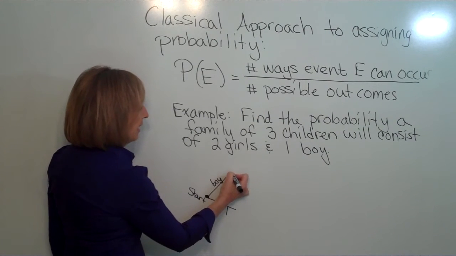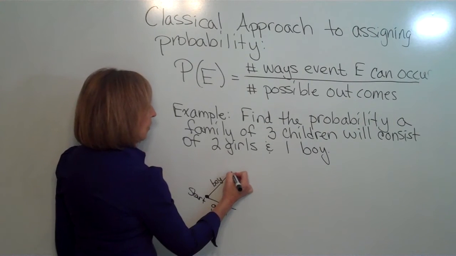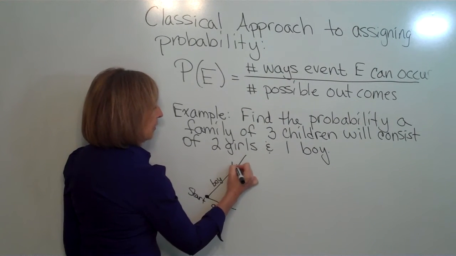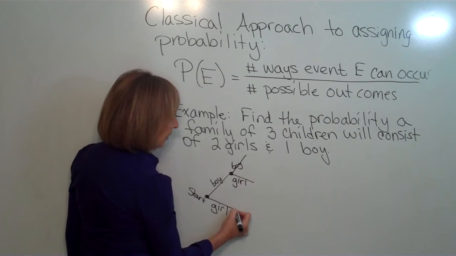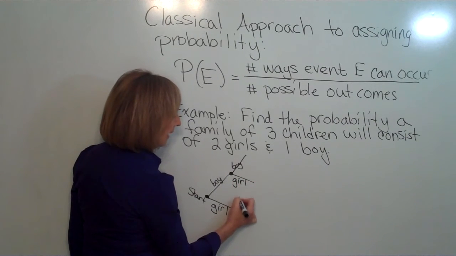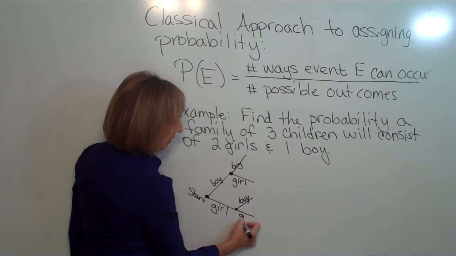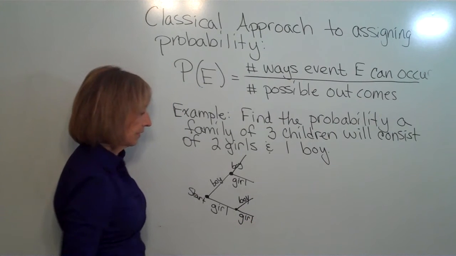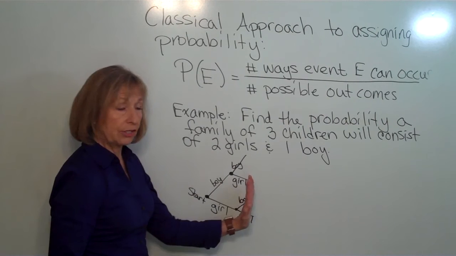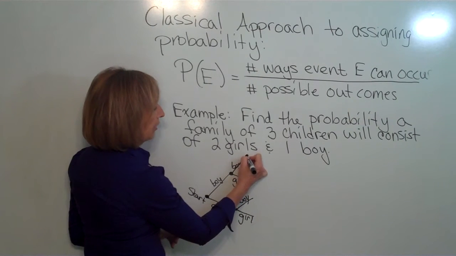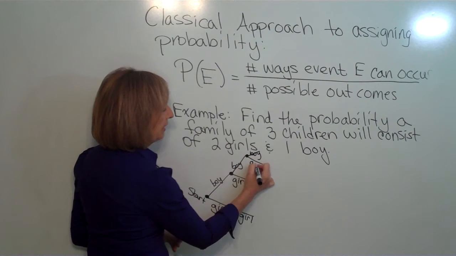Now, off of each of these branches is where you do the options for the second child. That second child will either be a boy or a girl, and those will be the options depending on what they had as their first child's gender. Now that's your first child's gender, then the second child's gender, and now going to the third child, they'll either be a boy or a girl off of each of these branches.